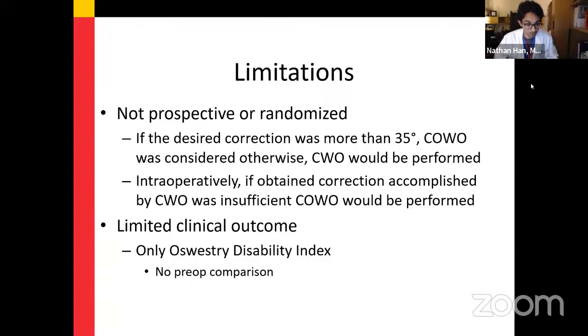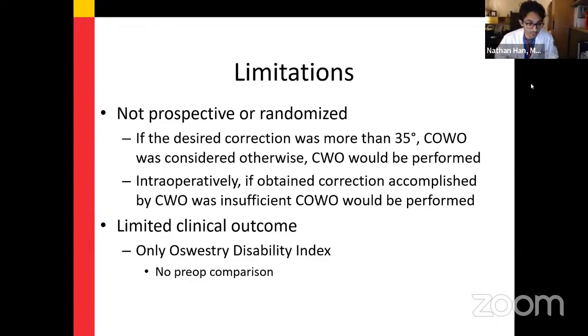Otherwise, a more limited closing wedge osteotomy would be performed. Also intraoperatively, should the amount of correction not have been sufficient per the intraop x-rays, the procedure was then switched over to a closing opening wedge osteotomy.